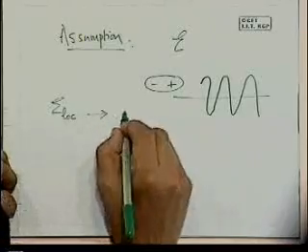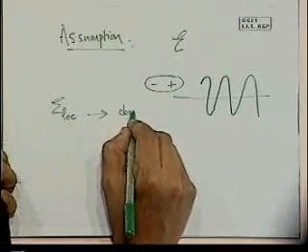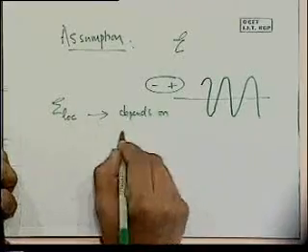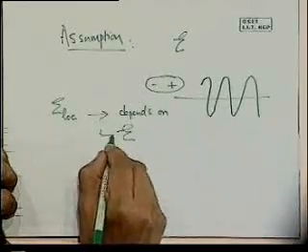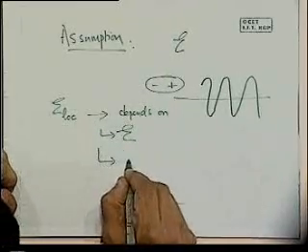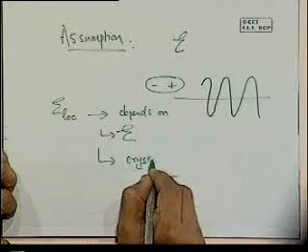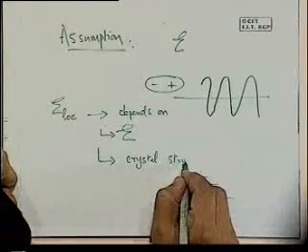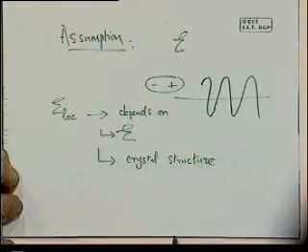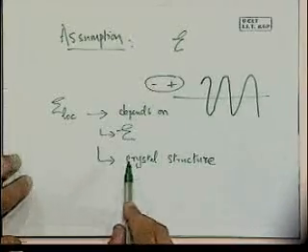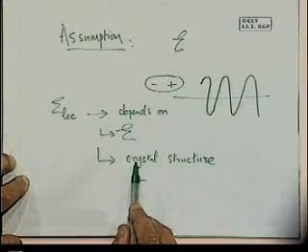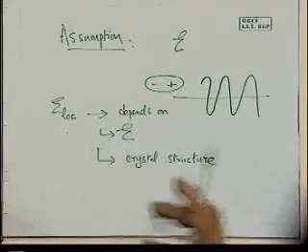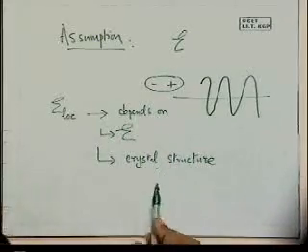And this will depend obviously on the applied field. And it will depend on the crystal structure. It will depend on the applied field in that whatever you've applied is what is going to be the average value, and that's what's going to induce the dipoles.